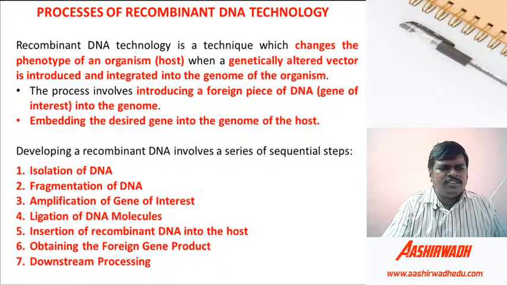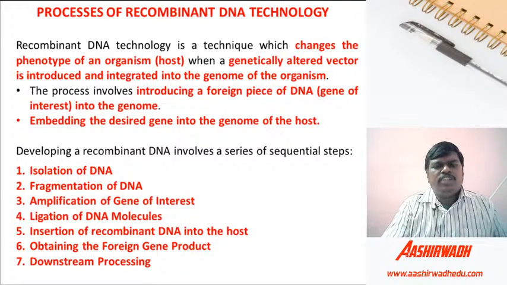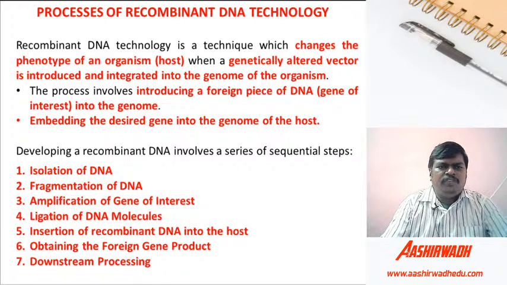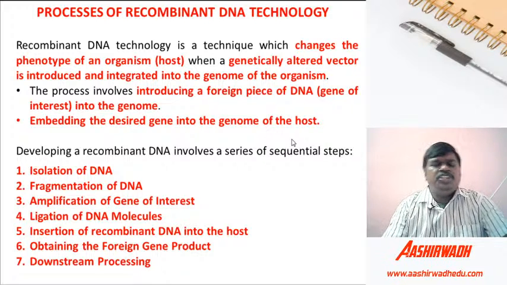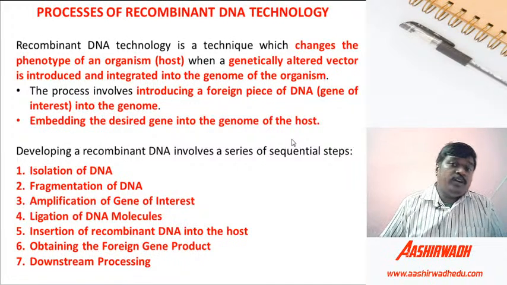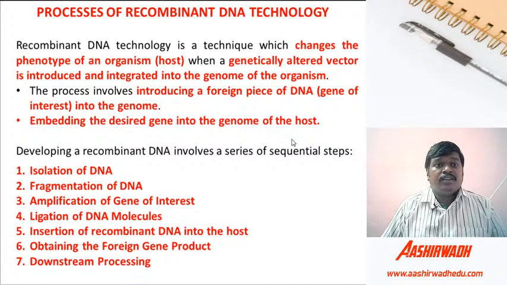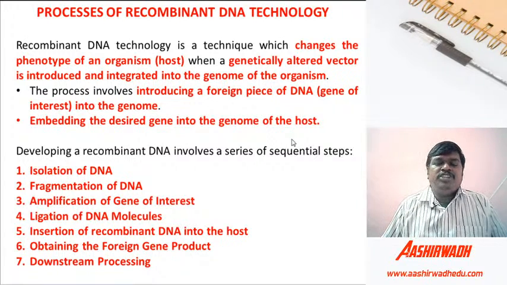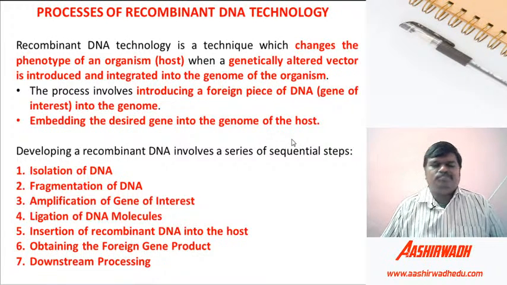It involves introduction of a foreign piece of DNA into the genome, and embedding the desired gene into the genome of the host cell. One is transferring it, the second is embedding the desirable gene in the host cell.